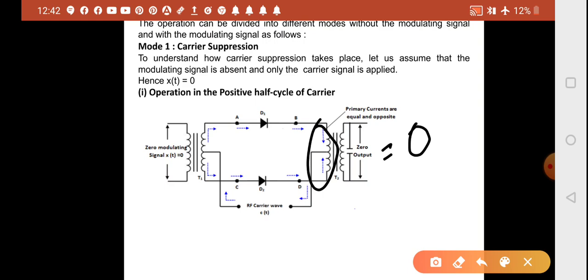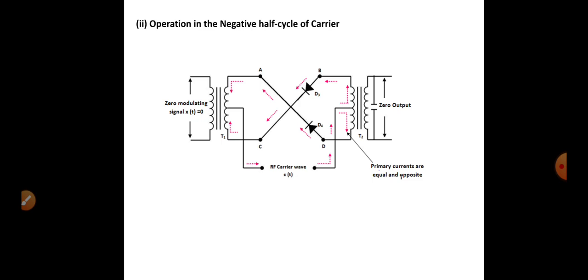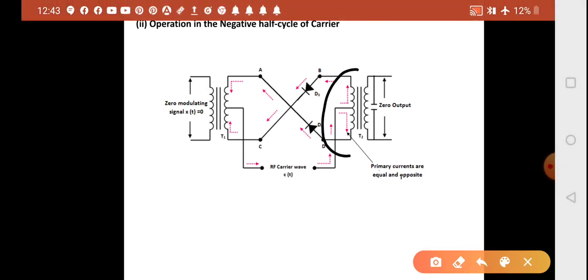So in the first case, with positive half cycle and no modulating signal, the output is 0. In the second case, we consider the negative half cycle. D1 and D2 are reverse biased and D3 and D4 are forward biased. From the figure you can see that the currents flowing in the upper and lower halves of the primary winding of T2 are again equal and in opposite directions.